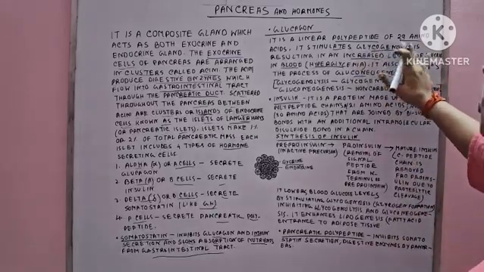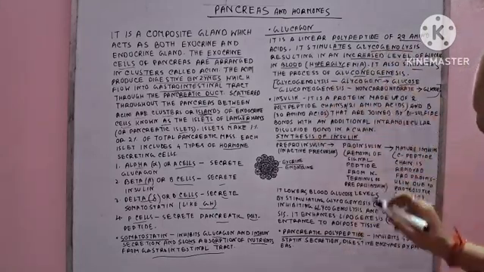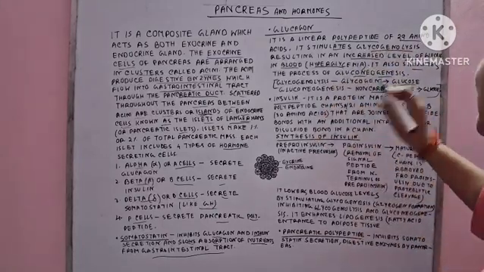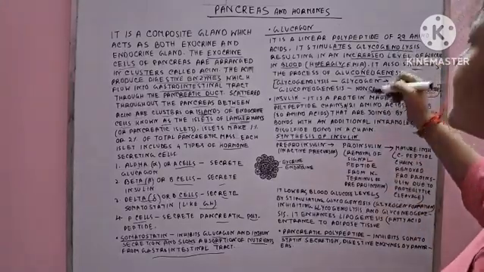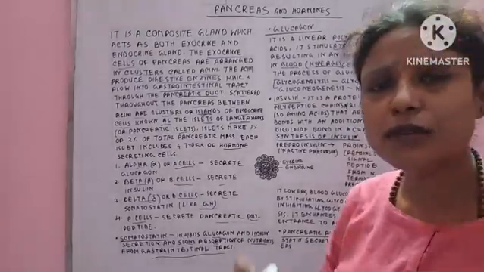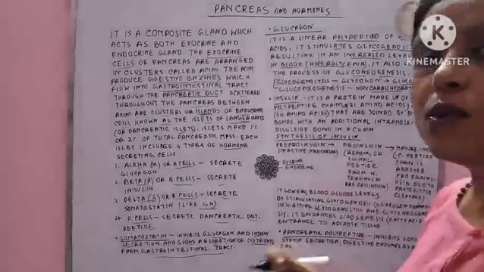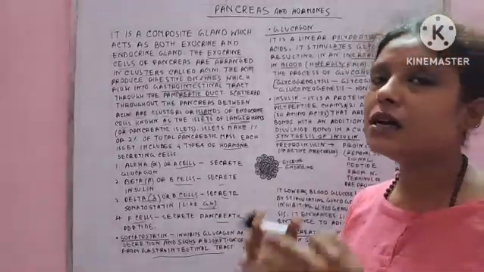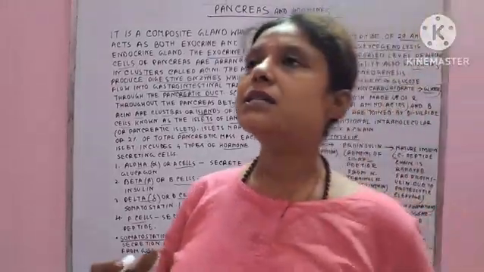Another process is gluconeogenesis, where non-carbohydrates are converted into glucose. These two processes are controlled by glucagon. What is the role of glucagon? It increases the glucose level in the blood. And why is the glucose level increased?